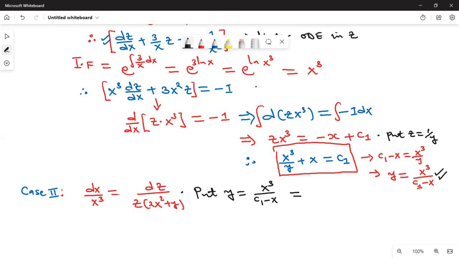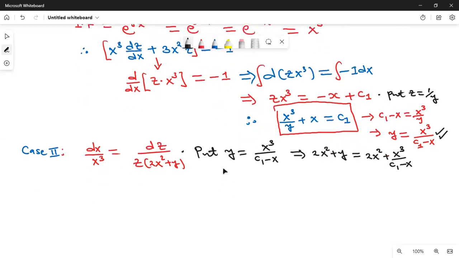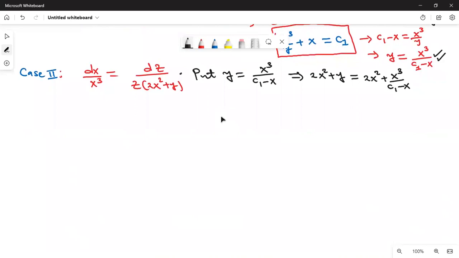So this means that where we have 2x squared plus y will now be written as 2x squared plus x cubed over c1 minus x. That's what you have after replacing y. So how will this equation now look?